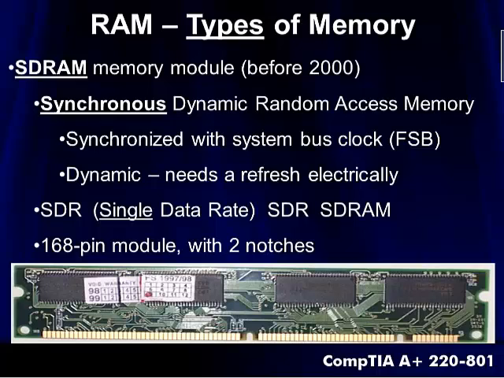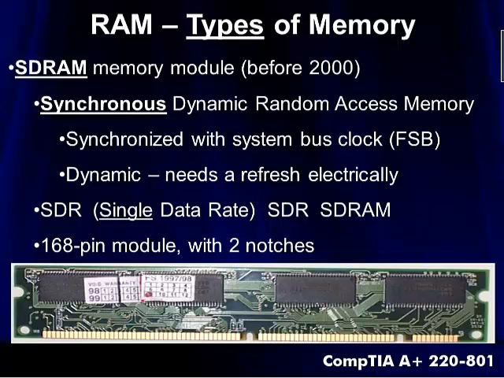The picture that we're looking at right here for that first SDR memory was the 168-pin memory module. One thing about that memory module that would be helpful is it has two notches. Two notches on the underside down there where those gold pins are. That means it's going to fit into a motherboard where the memory slot actually has two little pieces of plastic sticking up, and the memory module would fit down over those pieces of plastic to match the notches. That's good for two reasons. First of all, it means you can't put the memory module in the wrong way.